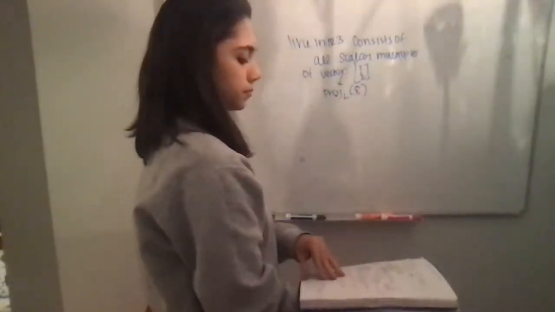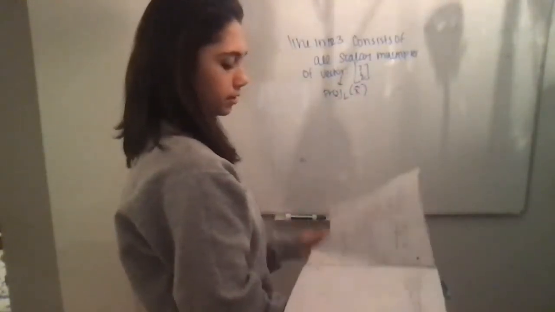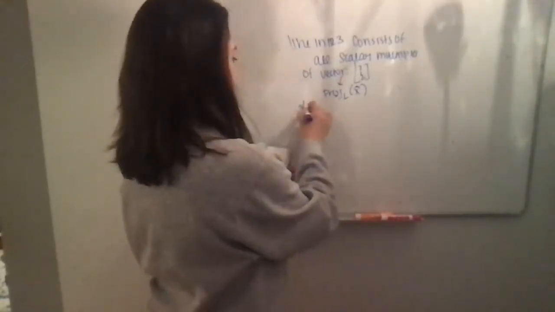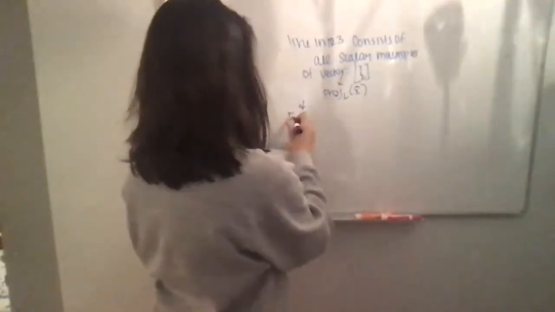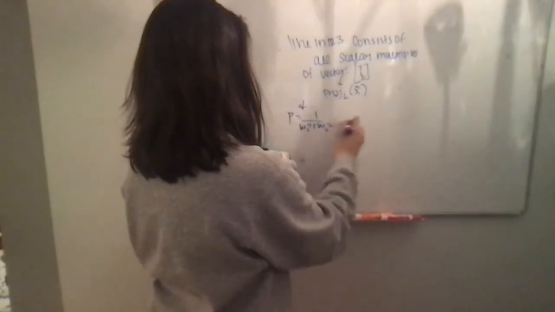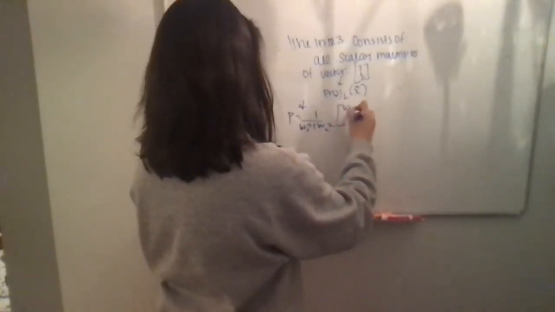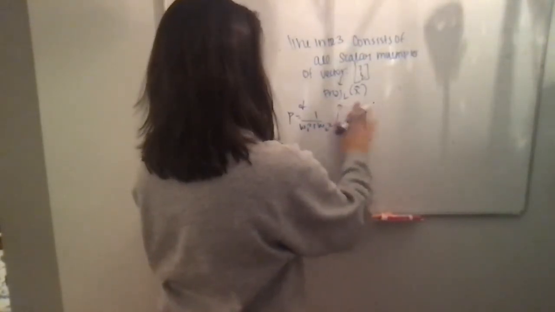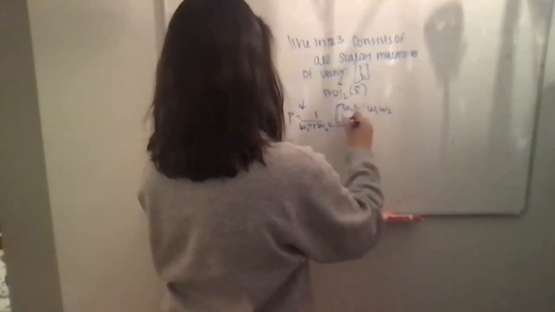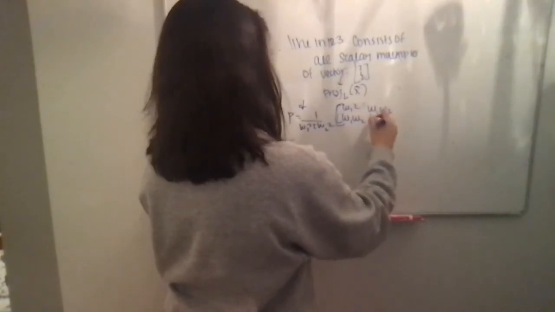Okay, so here's what we need to think about. Our original idea of how we found this, that was given by the problem, was P equals this. I'm not calling them all out because it would take a long time.